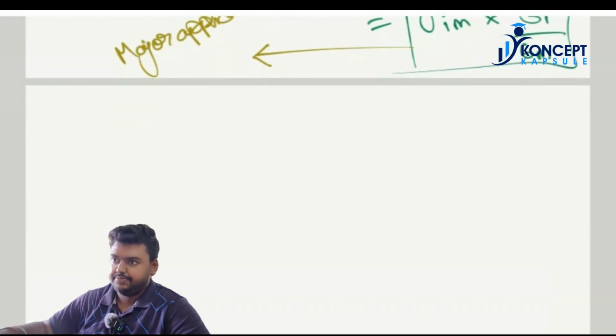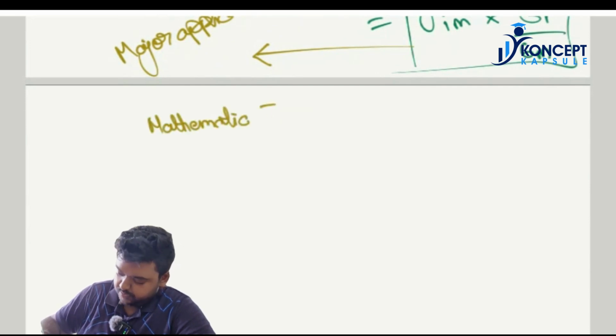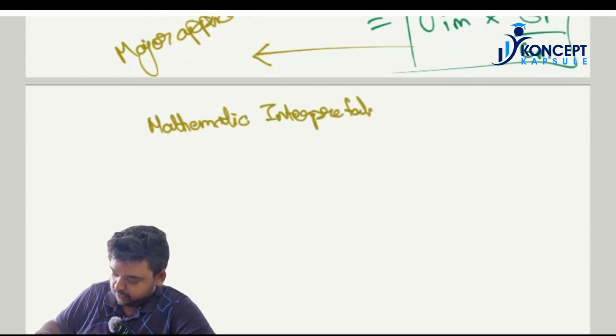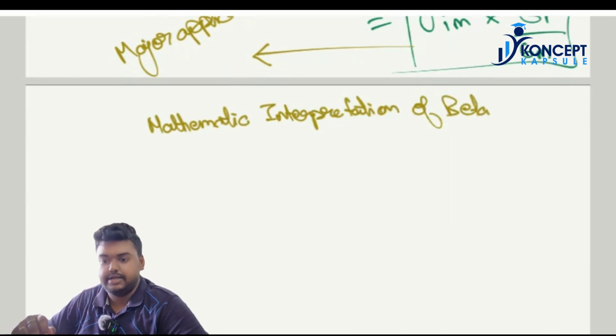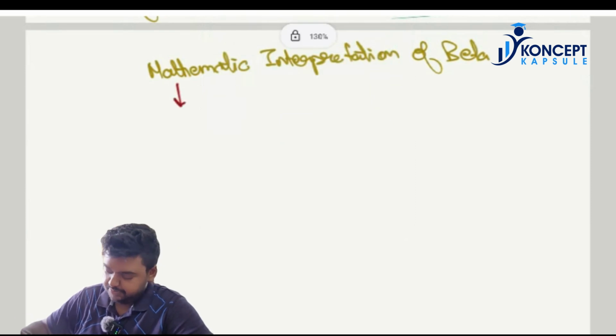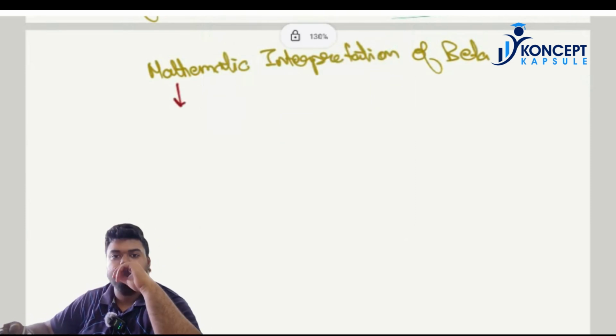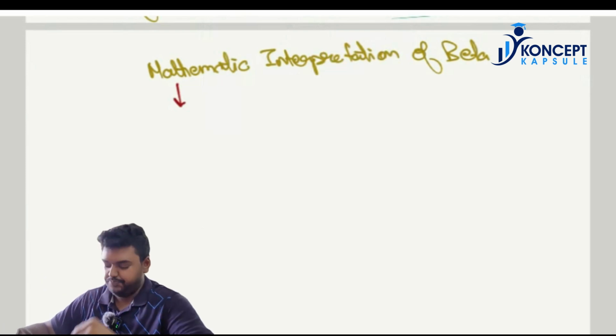Last thing is the mathematical interpretation of beta. What is the mathematical interpretation of beta? Beta is nothing but a measure of systematic risk. It is the sensitivity of security return to a market return.